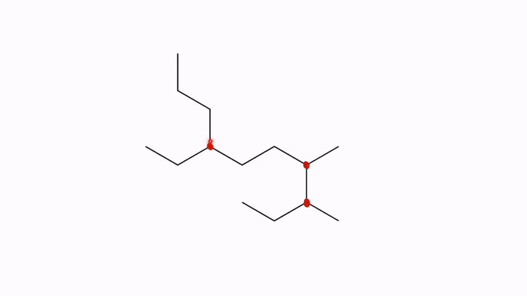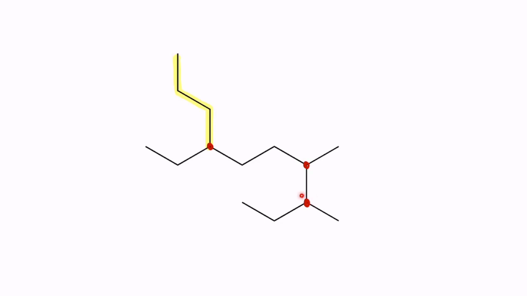Then I could choose either to go up or I could choose to go off to the side here. And what I see is when I go up, I enter a 3-carbon branch instead of a 2-carbon branch. The 3-carbon branch is longer, so that would be the preferred pathway if I approach that particular branch point.